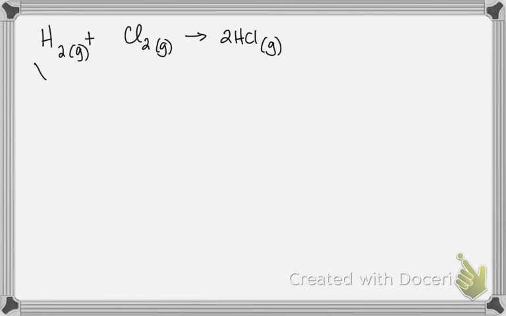Okay, so previously we used this equation where hydrogen and chlorine produce hydrogen chloride. That was one where you had 2 moles of gas on the reactant side and 2 moles of gas on the product side, so we could not predict what the entropy of that reaction would be.